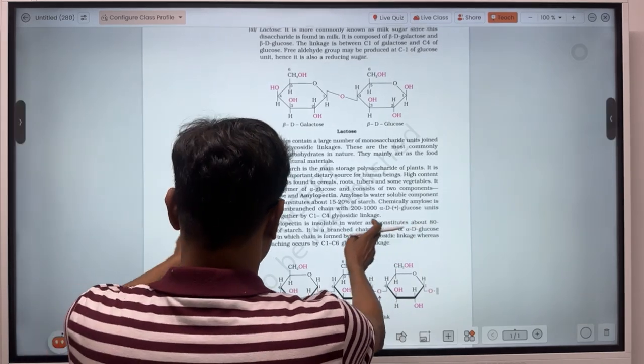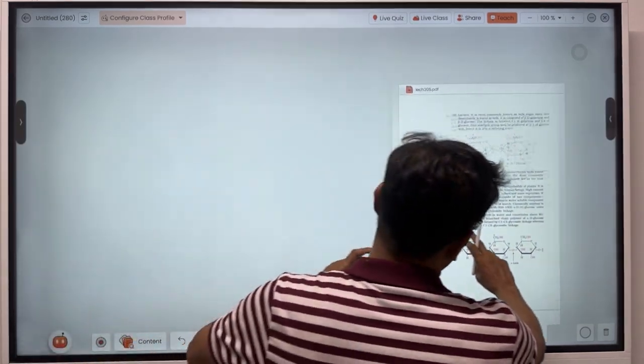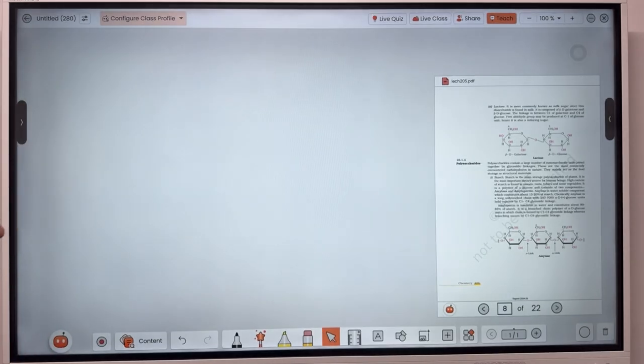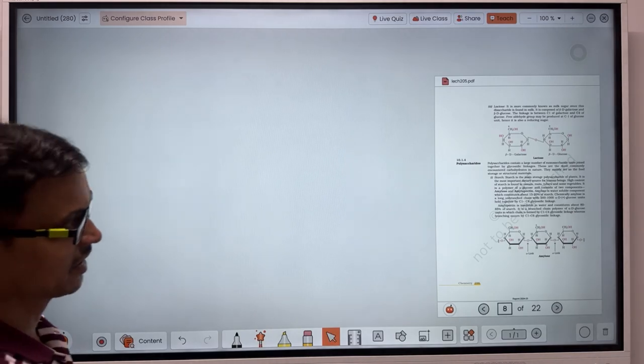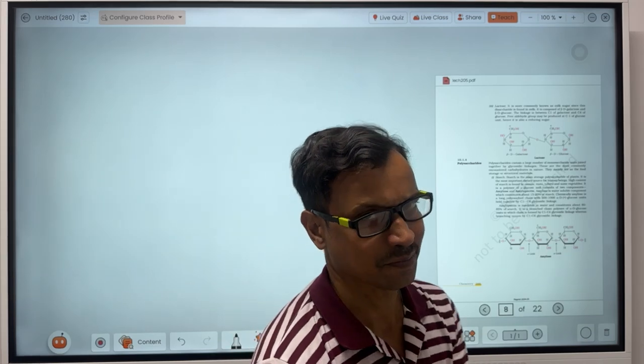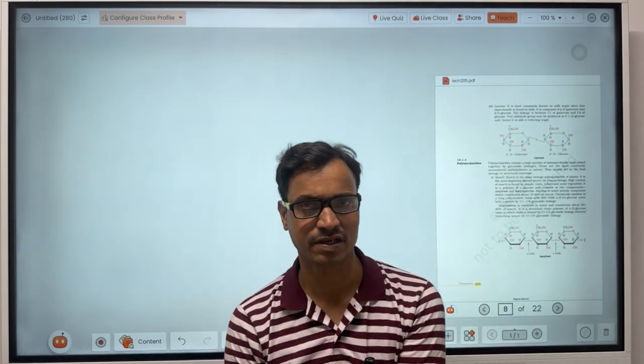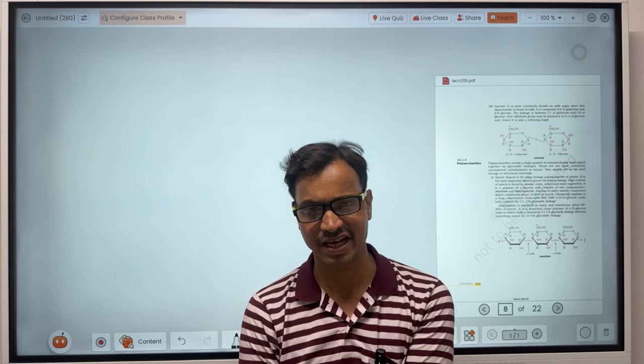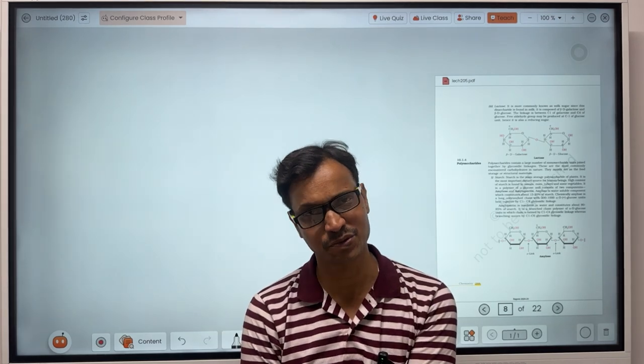It is also a disaccharide, in which beta-D galactose and beta-D glucose are bonded with each other through 1,4-glycosidic bonding. So lactose is the disaccharide of beta-D galactose and beta-D glucose.